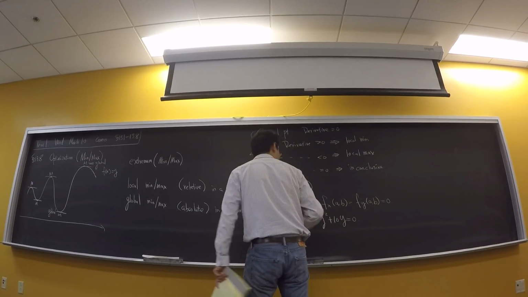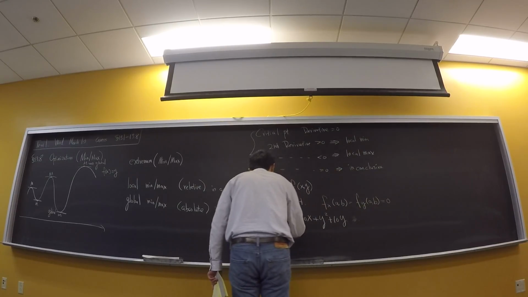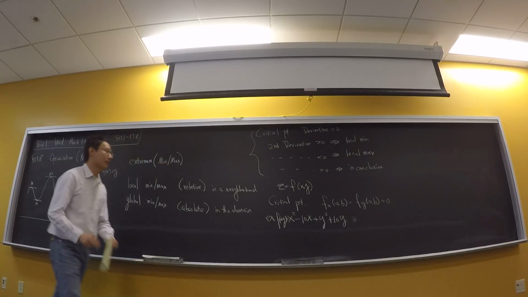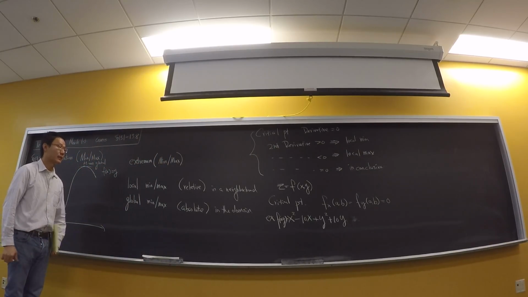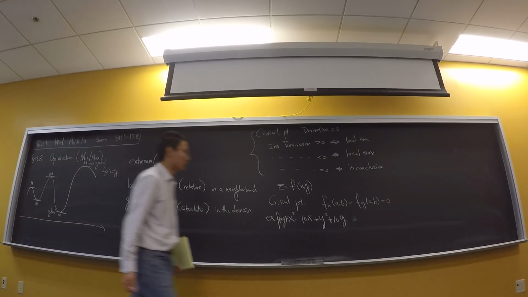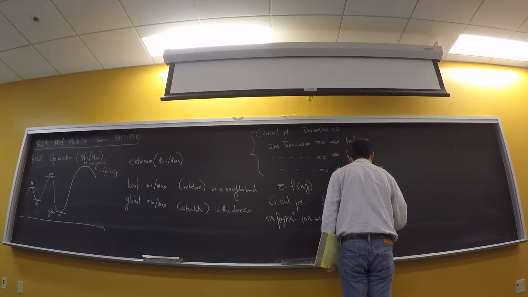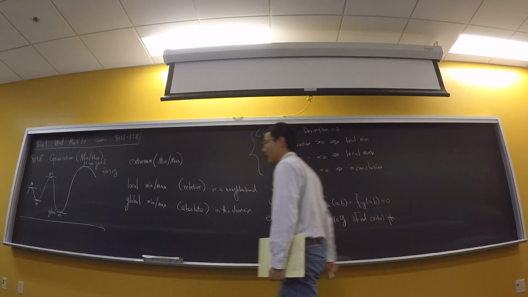So this is our function: f(x, y) is equal to x squared minus 10x plus y squared plus 10y. I want to find all the critical points.